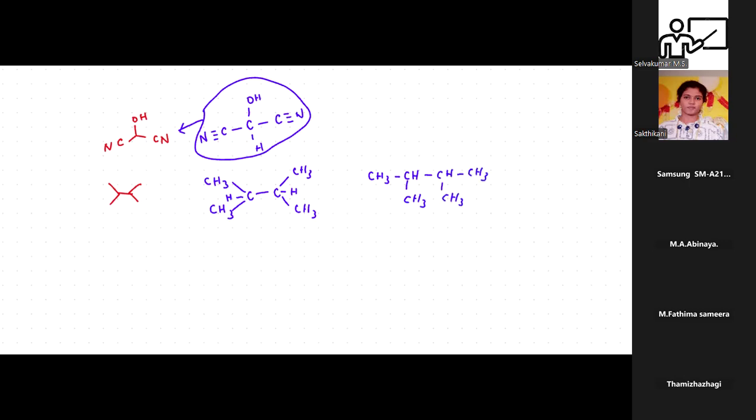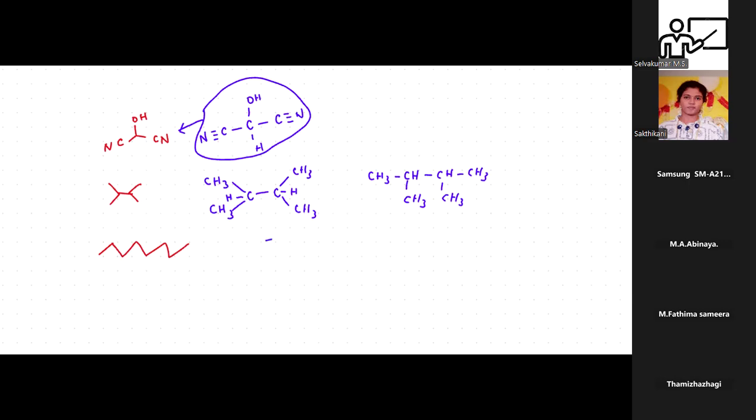And another molecule, what is this molecule? See, 1, 2, 3, 4, 5, 6, 7, 8 carbons are there.